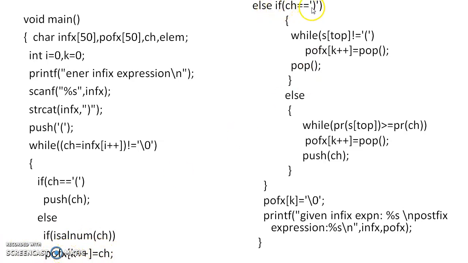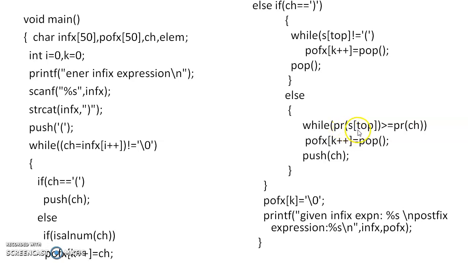If the character is equivalent to the closing parenthesis, until the opening parenthesis, I am popping the characters and adding them to the postfix array. And at the end, I am popping the opening parenthesis and I am not adding it anywhere. And the fourth one, when the character is an operator, I am checking our operator priority and the top of the stack priority.